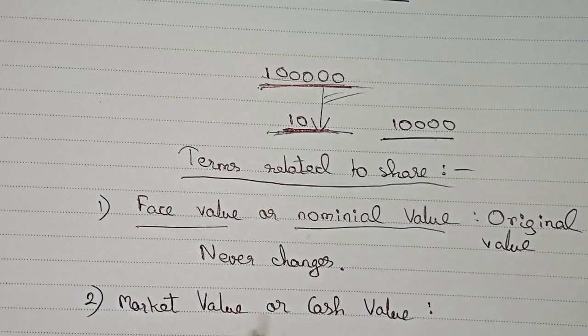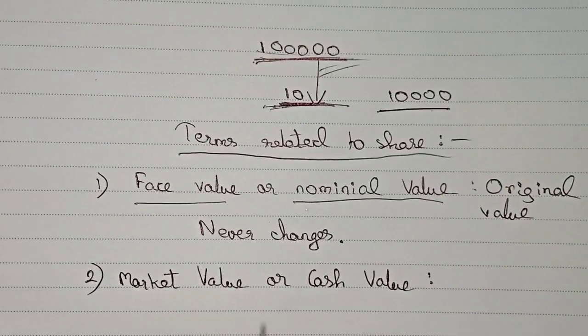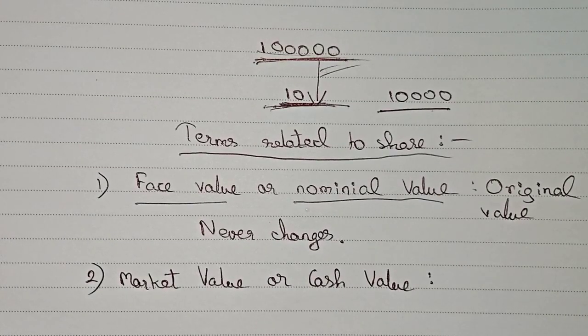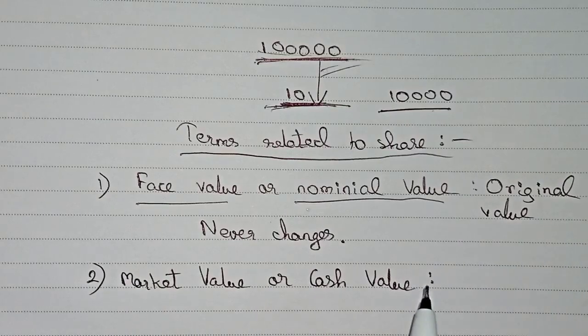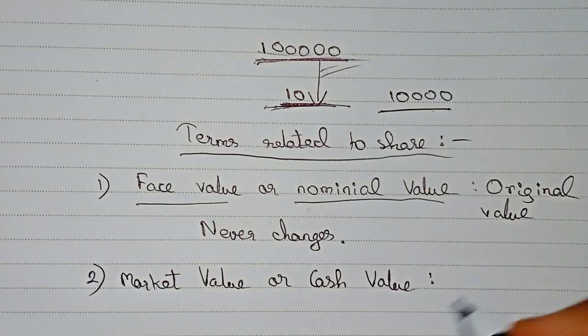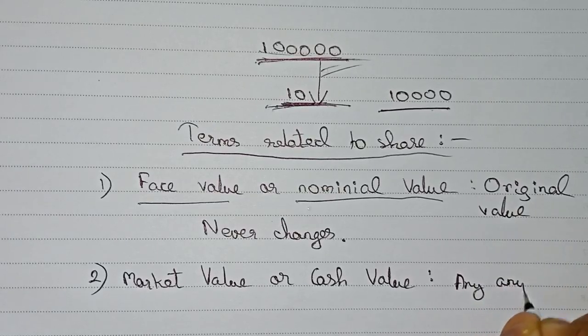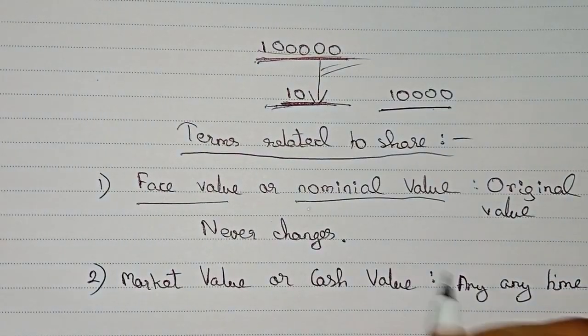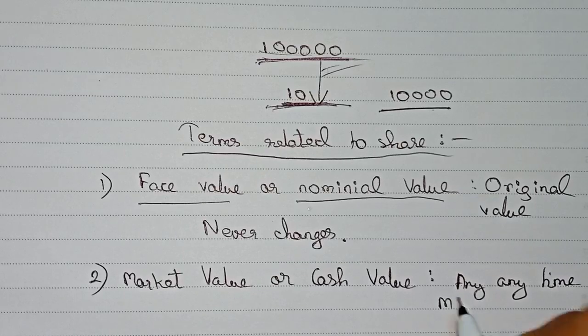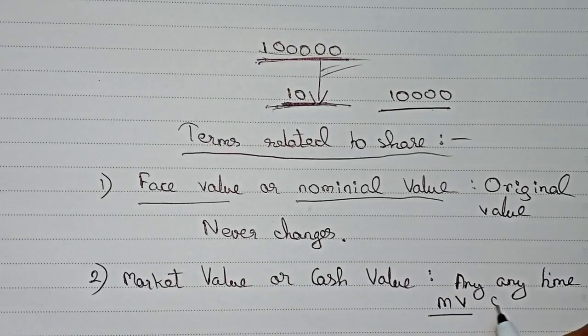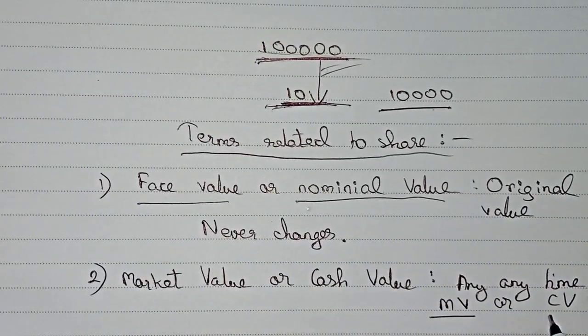Now when the share is circulating in the market, that means one person buys it, another person sells it, and like this it goes on, and the price of the share increases or decreases. The price of the share at any time is called the market value. We can write it as MV or CV.